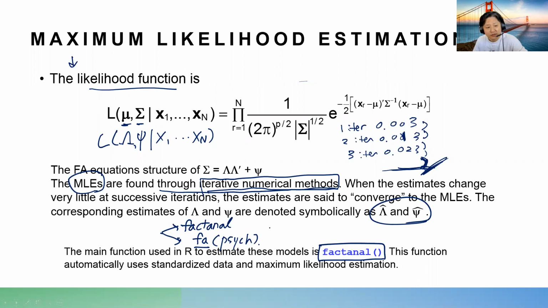These two are very commonly used, but factanal only uses ML estimation. But the fa function uses multiple estimation methods. It has options besides ML, such as PAF, and we'll see that later.